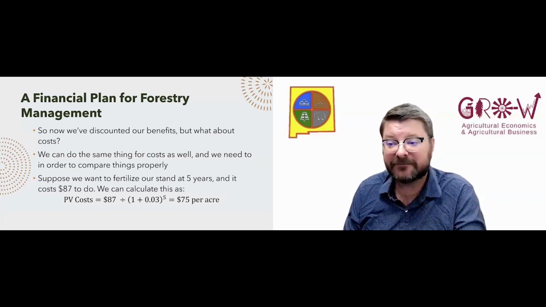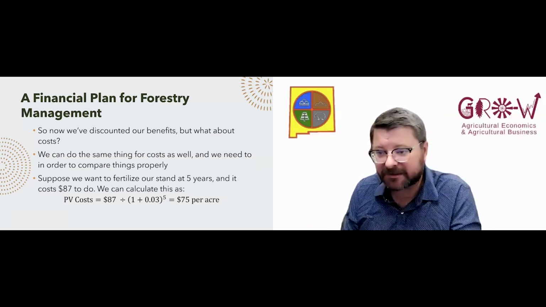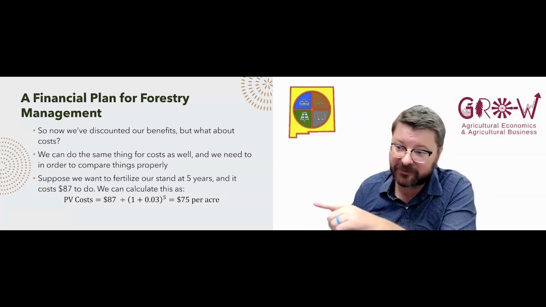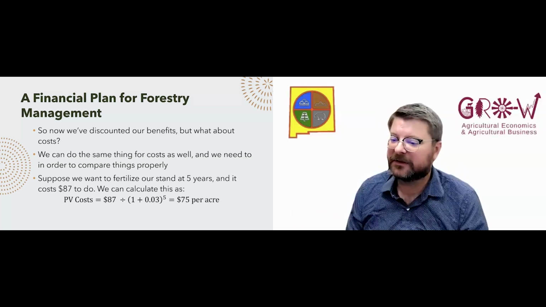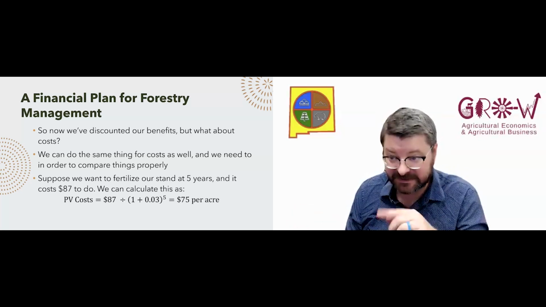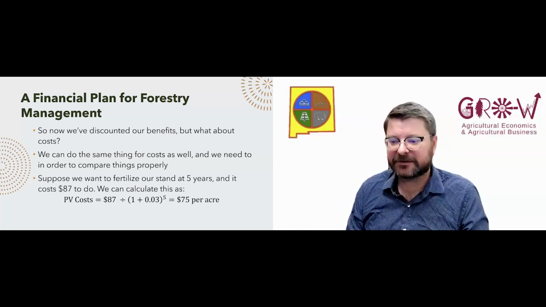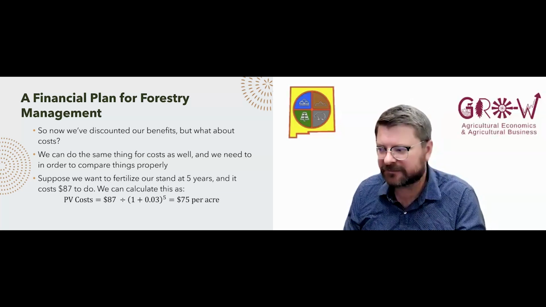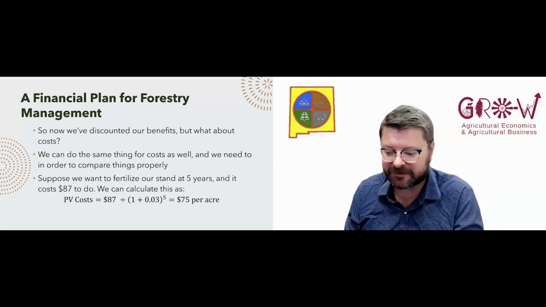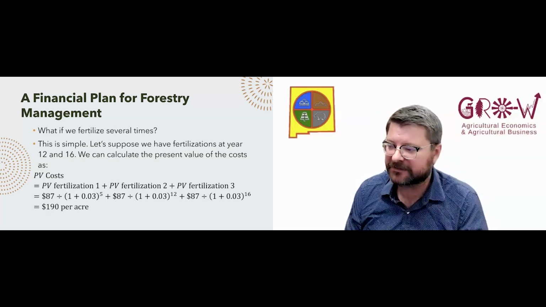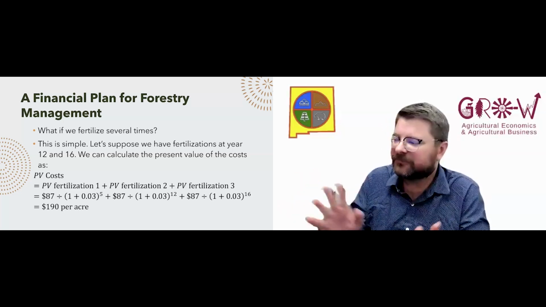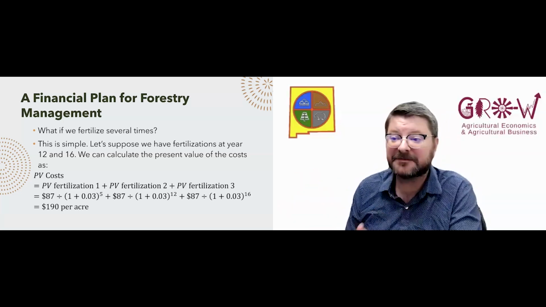So in terms of present value, we just put that back into our calculator, and notice now we're using 5 as our exponent there for T. So it's going to cost us in present value terms $75 per acre. And if we were to fertilize several times, let's suppose we're going to fertilize at year 12 and 16.